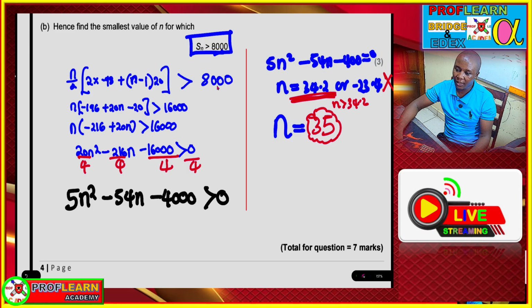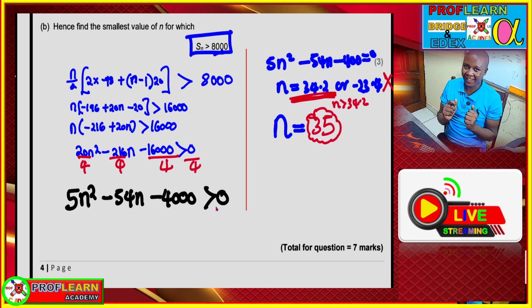That must be greater than 8,000. Once you simplify everything and divide by 4 all through, ensuring that your algebraic steps are correct, you are going to have 5n squared minus 54n minus 400 is greater than 0.